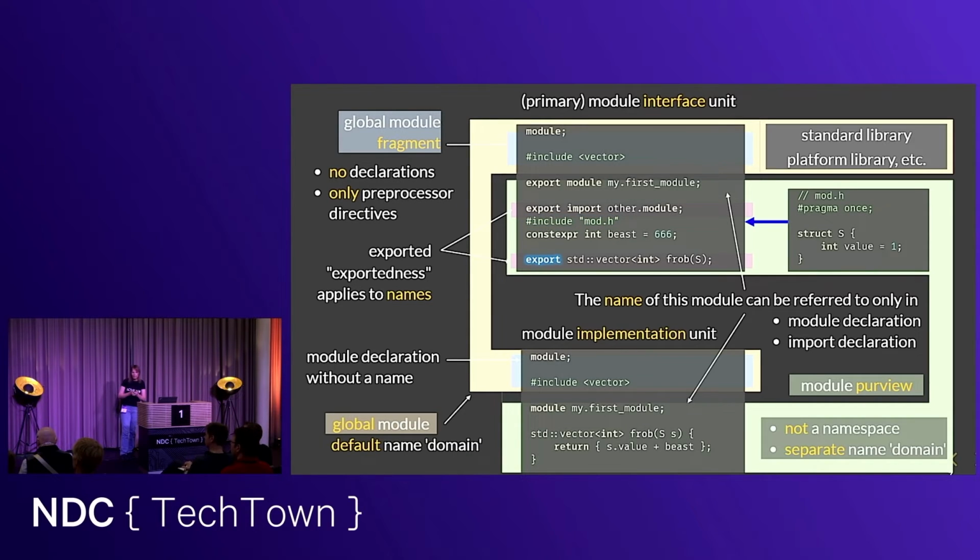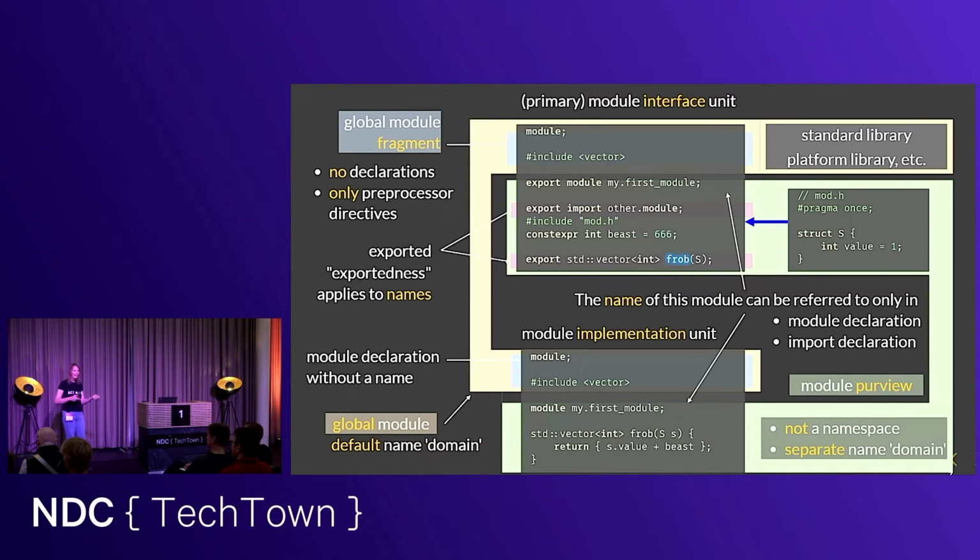And here we see an example of an exported declaration. I say export the name frop of this function declaration here. The other parts of the function declaration are the entities that come with the name, but they're not visible in the sense that we're used to in the traditional world. They are just reachable.